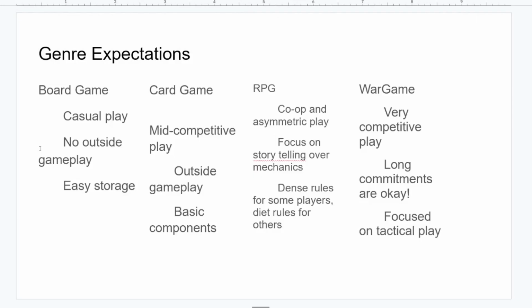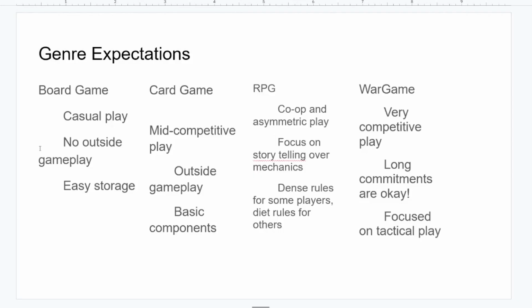And the best way to contrast this is if we talk about card games, right? There's a lot of gameplay outside of the game in a trading card game or expandable card game. There's deck building, there's looking up spoilers for the next expansion, there's preparing for tournaments, all of that, right? These are things that board games don't have that card games do. Card games have a mid-level competitive play.